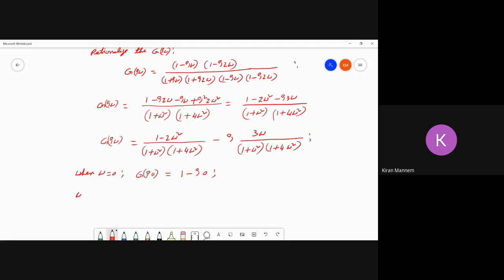When omega tends to infinity, or G of j infinity would be, yeah. So what's the value here? Can you tell the value now? Substituting infinity.